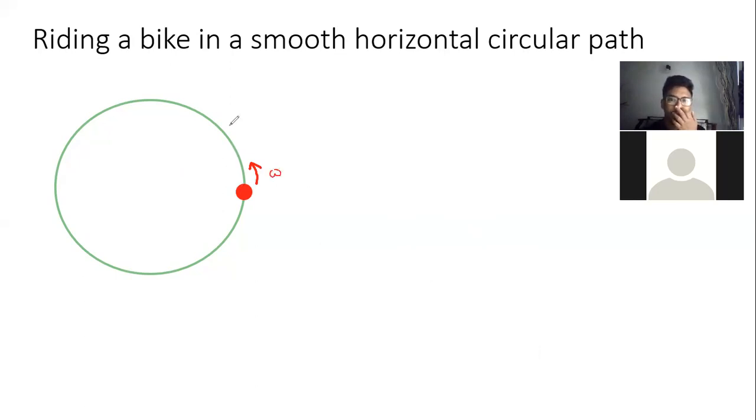Let's consider the radius of this path to be simply r. Take this point O, the center of the circular path, and the mass of the bike I consider M, and then the tangential velocity, I'm going to consider that is V.